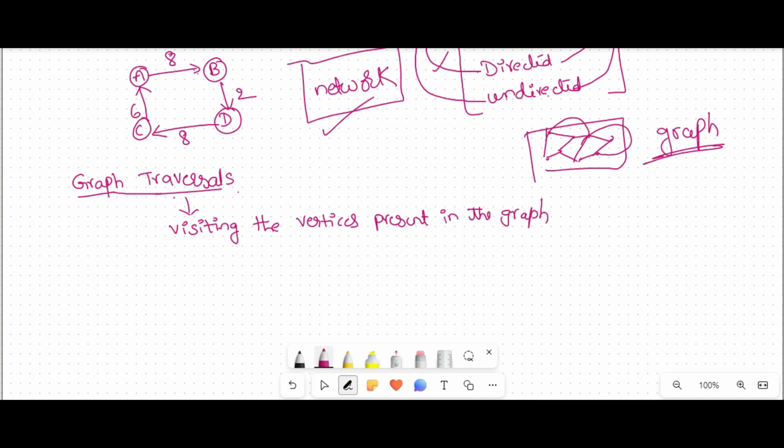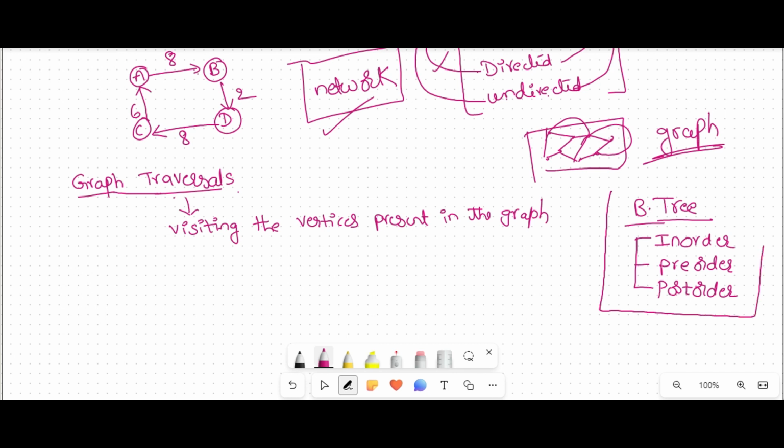If you consider a tree data structure, especially a binary tree, we have tree traversals like in-order tree traversal, pre-order tree traversal, post-order tree traversal. Binary tree traversals visit the nodes present in a tree. If you have not seen this video, please see the video on the different types of traversals present in a binary tree. Similarly, here also different types of traversals are there for a graph.